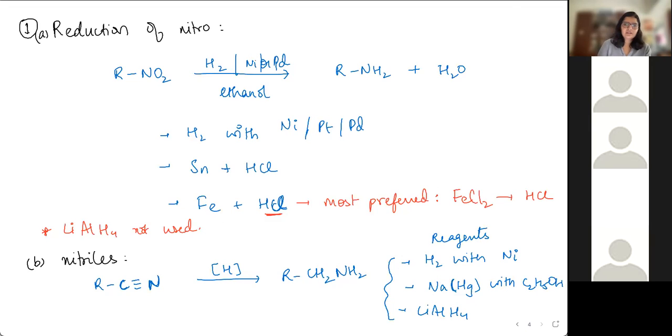In this case, you can observe that you're converting the nitrile carbon into CH2, so you're getting an extra carbon atom in the alkyl chain. Here you have R, so you get R plus 1 NH2. This sort of process is also called ascent of the amine series.